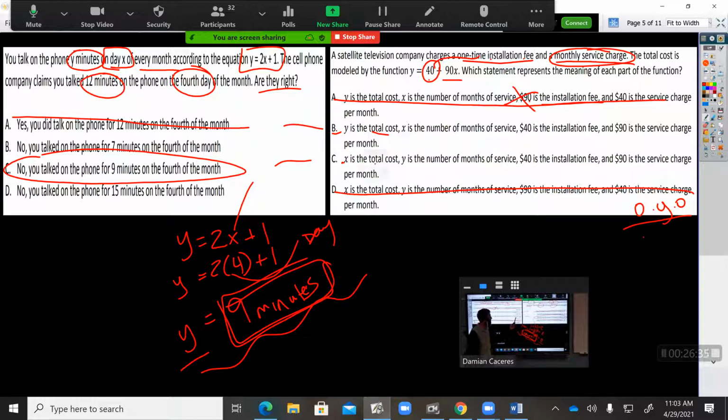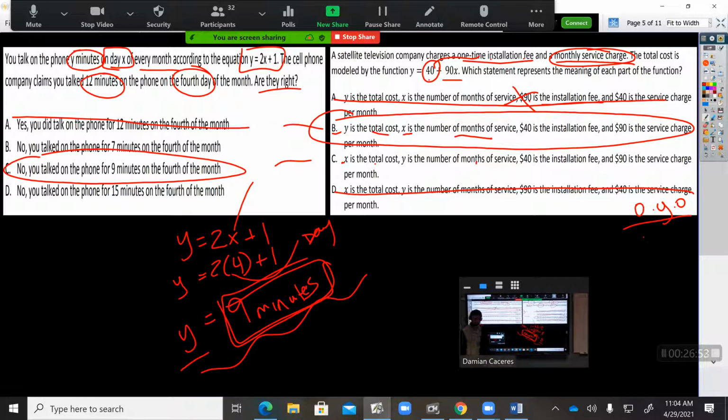The other one says X is the total cost and Y is the months. Now, what do I always tell you in word problems X represents? Time. So make sure you pick the one that says X is months because X is time. That make sense? Also, cost is always a result, and result is always y.